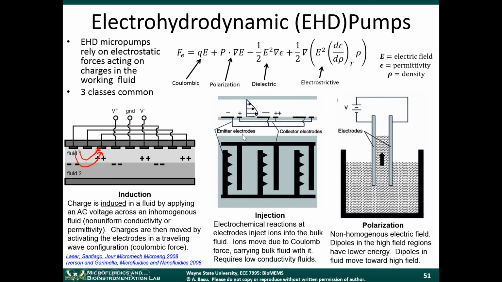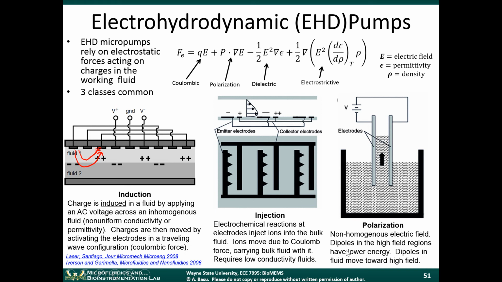As a result, there's a non-uniform force that propels these ions going forward from left to right. So those are the injection type pumps, and the polarization pumps rely on the dielectric force. So you have a non-homogeneous electric field. I'm sorry, a polarization. They rely on this polarization force. It relies on a gradient in the electric field.